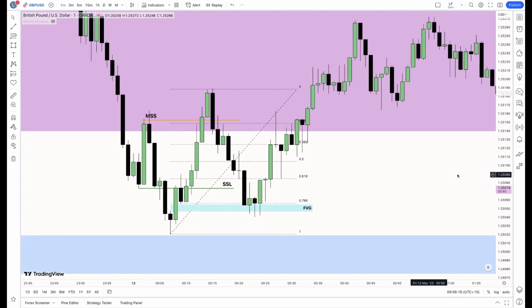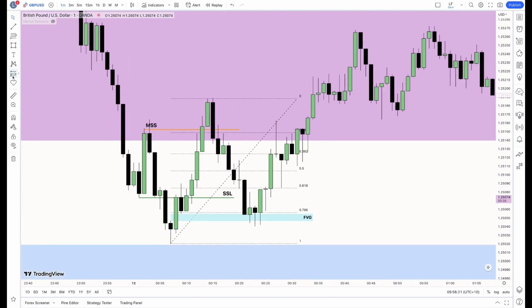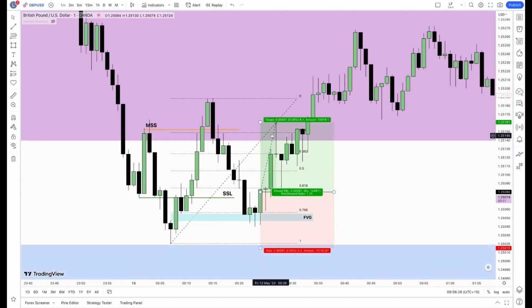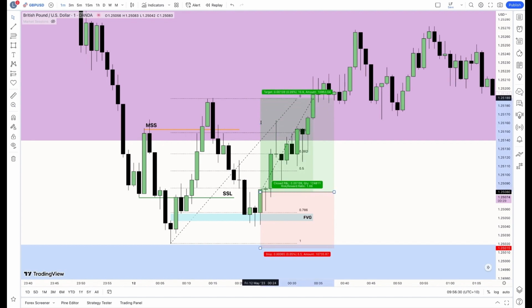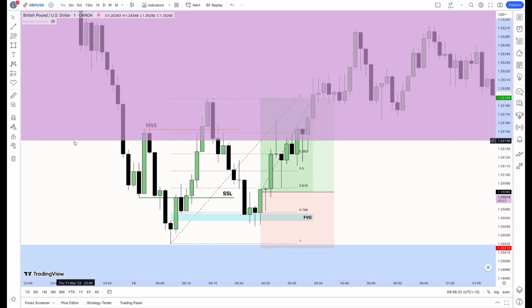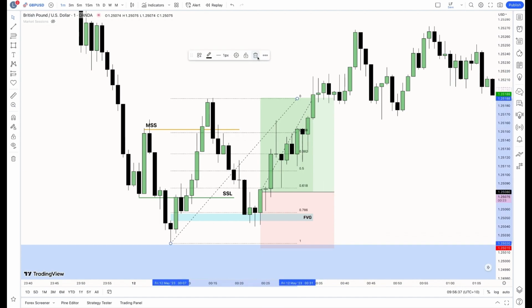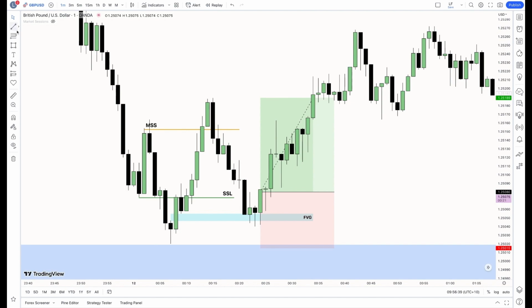Fair value gap. So I put on a trade around here, put my stop below that swing low, and let me take this and the fib away, just to show it to you guys neater.